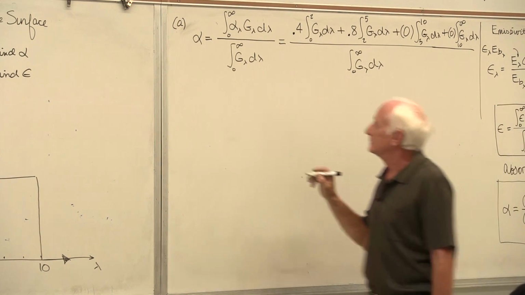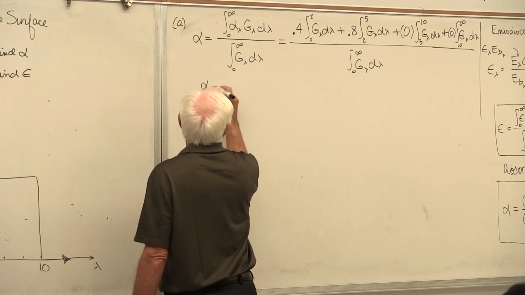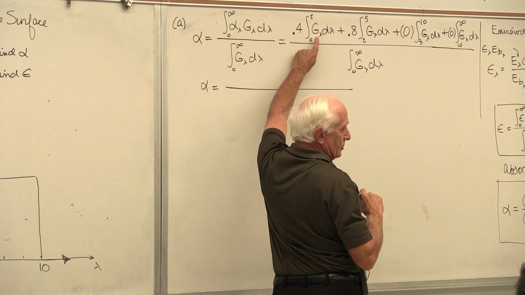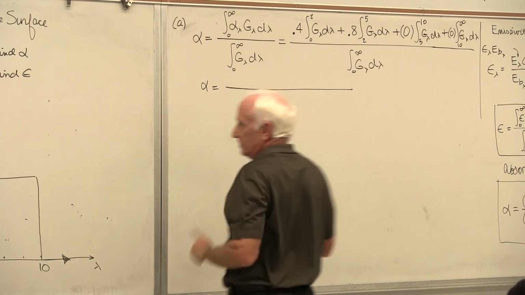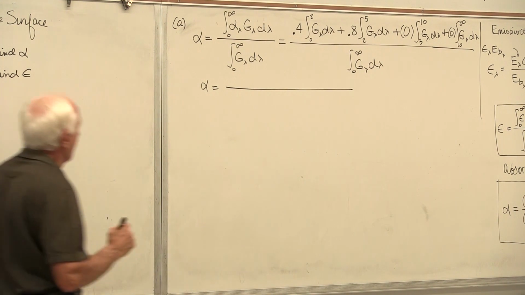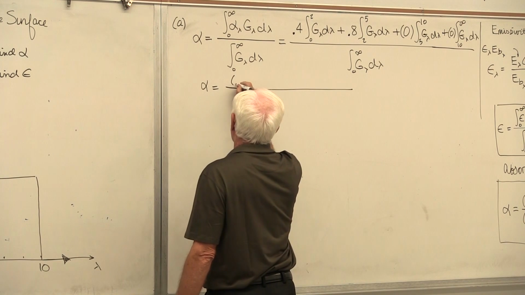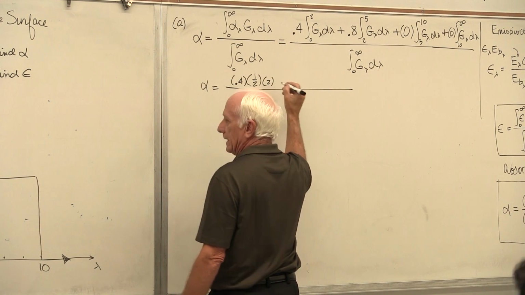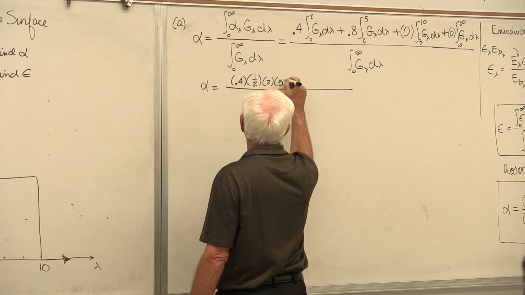Okay. Alpha equals: this is the area under the G lambda graph from 0 to 2, a right triangle, 1/2 base times height. Base is 2, height is 5,000.